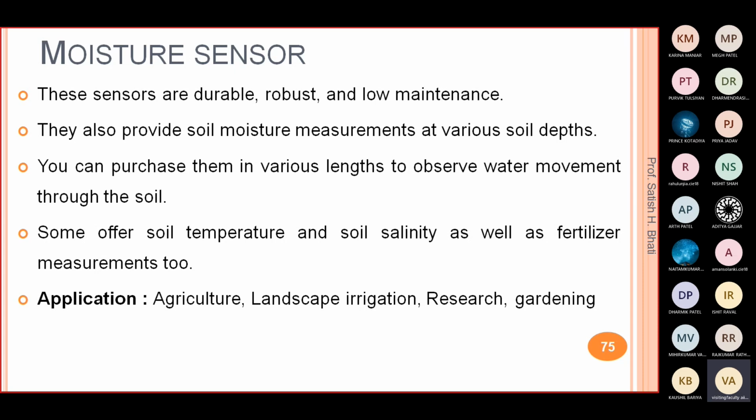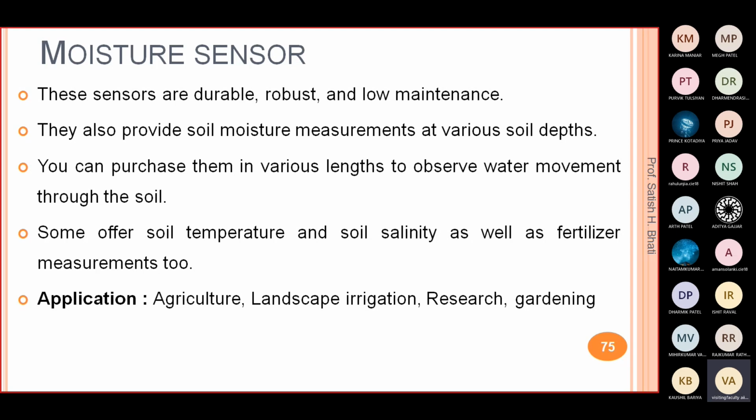This type of sensor can also provide soil moisture measurement at various soil depths. If the capacitive moisture sensor is somewhat long, like a long pipe, you can get the soil moisture at different levels, because when you dig inside the soil, at different levels you find different water content.